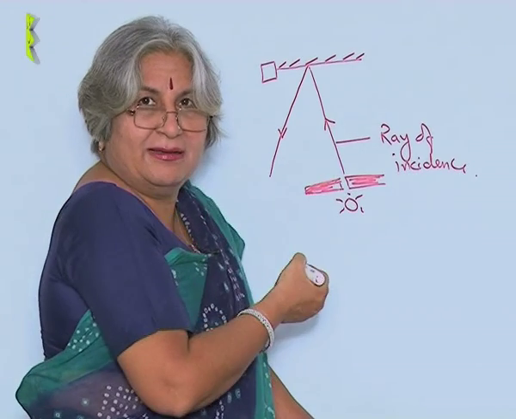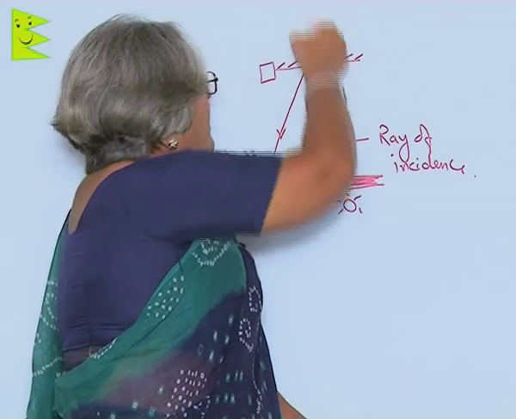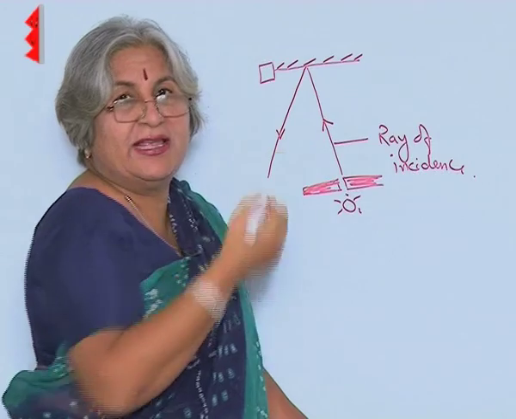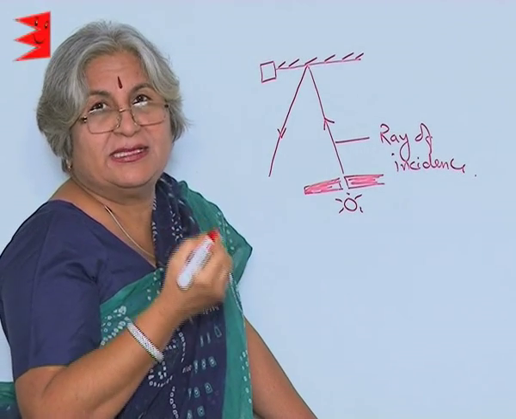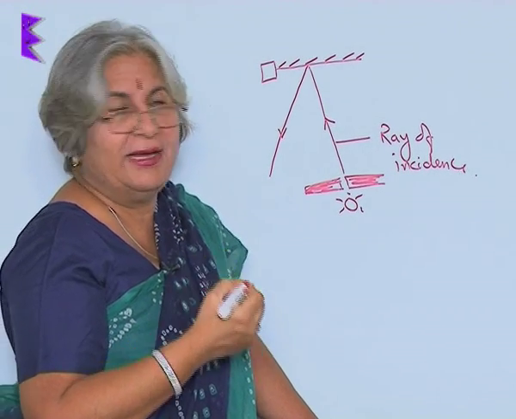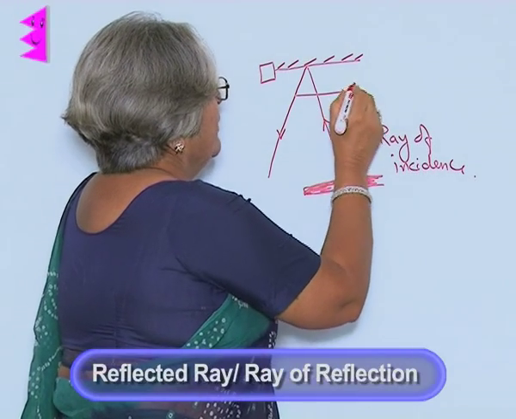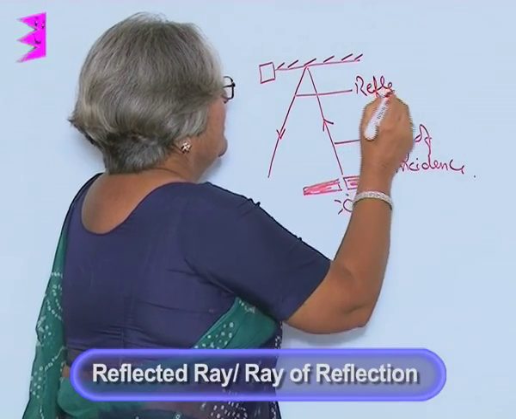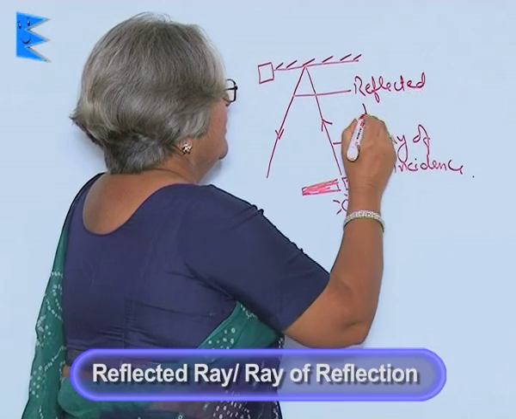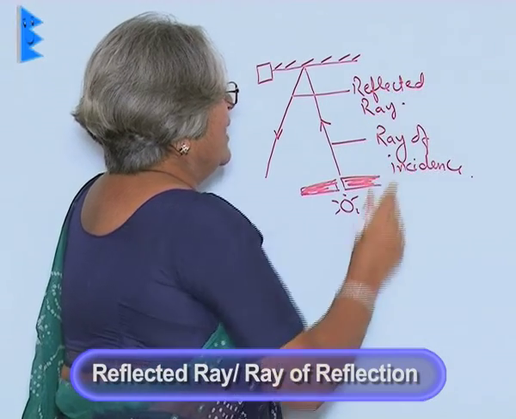It sent it back. It did not continue it further. So, we can say a mirror changes the direction of the ray of light. Now, this ray is called reflected ray or the ray of reflection.